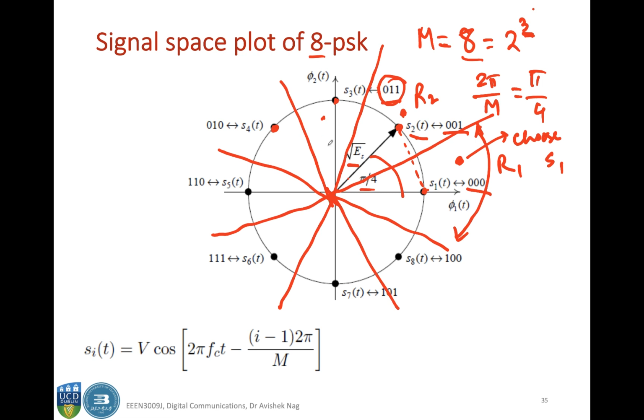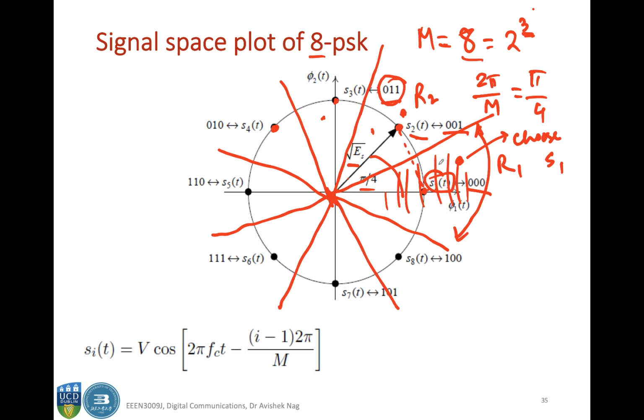That's how you can decide which signal was transmitted. And if for some reason, because of noise, your received signal falls elsewhere, let's say you have transmitted S1 and your received signal falls here, then you are making an error. Your received signal has to fall here to make a correct decision.